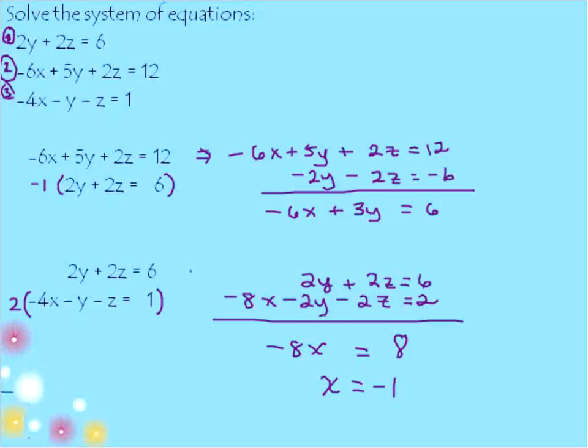So I'm going to take x equal to negative 1 and substitute it into this first equation here, negative 6x plus 3y equal to 6. So pause if you need to. What we're doing is finding y, using negative 6x plus 3y equal to 6.